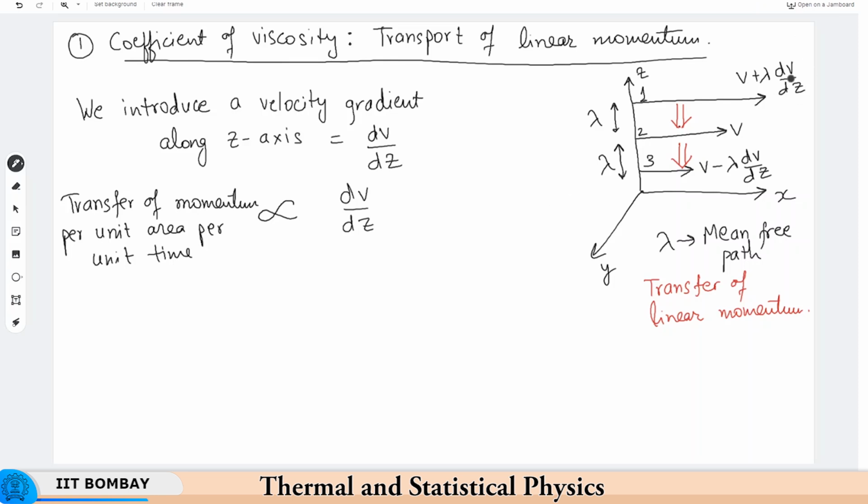So, if you have a strong gradient, there will be a much larger amount of momentum transfer. And what we can write is that the left hand side, which is this term, is equal to eta times dV by dz. Okay. So, eta is just a proportionality constant, and it is known as viscosity or coefficient of viscosity.